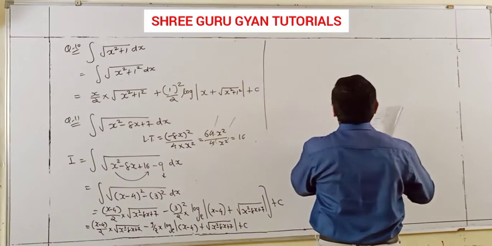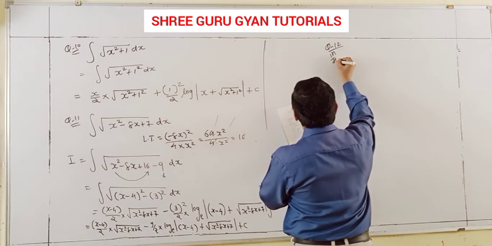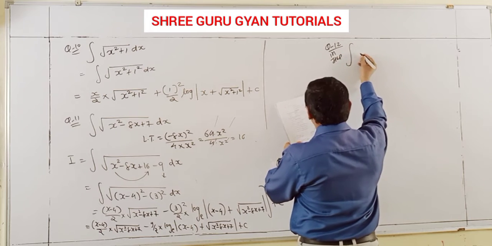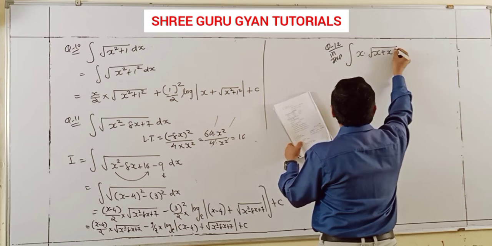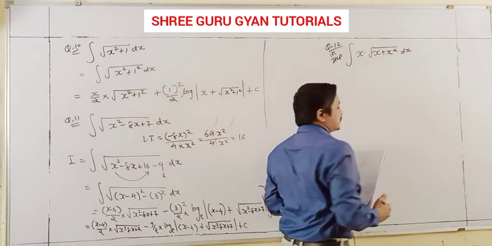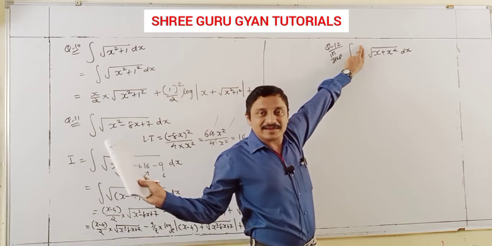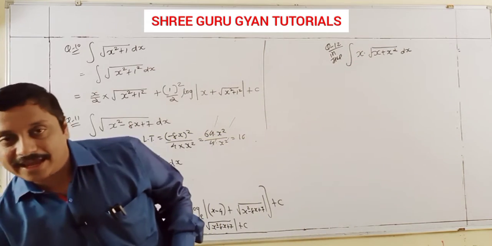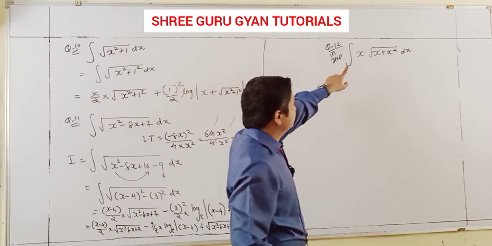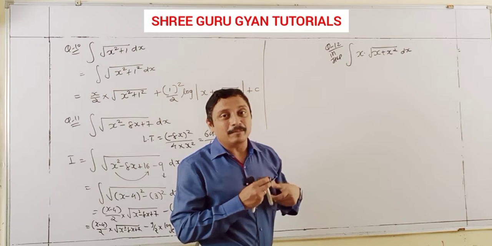So question number 12, tick mark, very important, in the IMP list. Integration x under root x plus x square dx. If this x were not given, you would operate by the last term and first term method. But now here x is disturbing, so I take out our MN method.